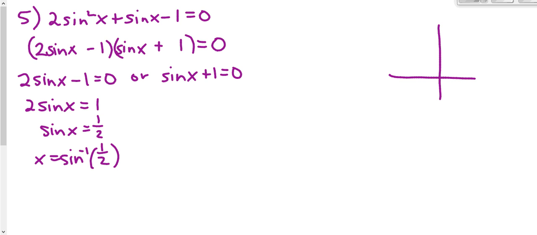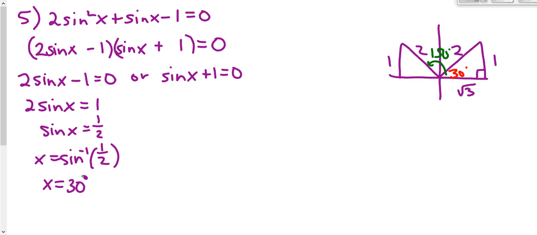Sine is positive in quadrant 1 and quadrant 2. Sine is opposite over hypotenuse. So the square root 3 would be on the adjacent, so the angle would be 30 degrees. And so the other one would be 150. So our two angles are 30 degrees and 150 degrees, but we're going to convert those to radians. And we get pi over 6 radians and 5 pi over 6 radians.